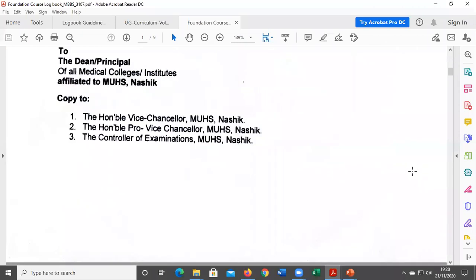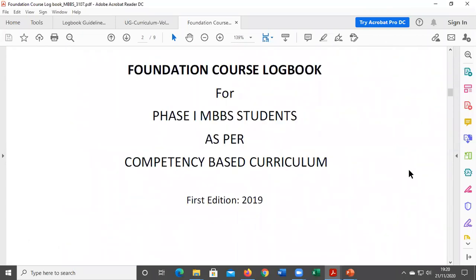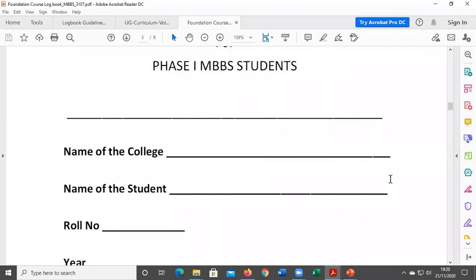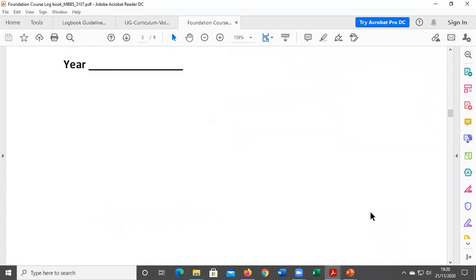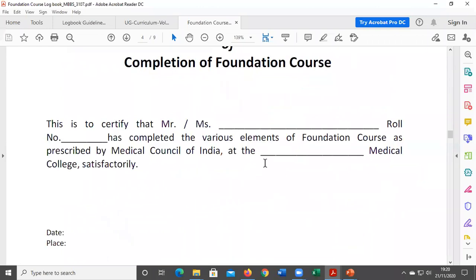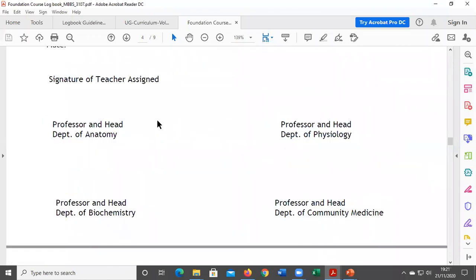This is how it looked: a cover page was suggested, then the name of the college, the name of the student, roll number, and the year, followed by a certificate page with the logo of the college, and a statement that the student has completed various elements of the foundation course as prescribed by the MCI at the medical college satisfactorily. Then date, place, and the signatories: the teacher assigned for assessing the logbook, and the heads of department of 4 subjects, including community medicine.